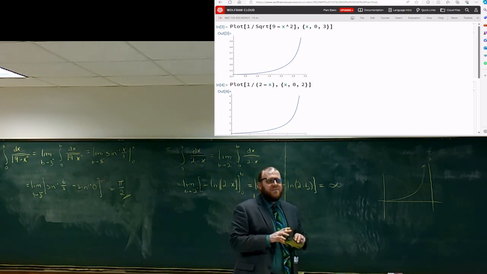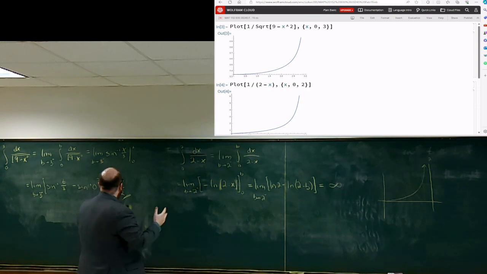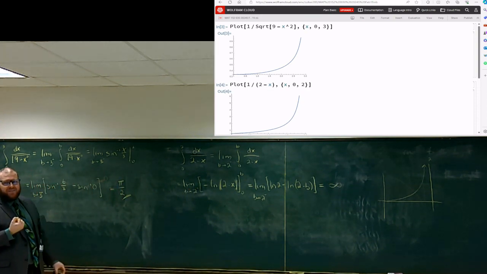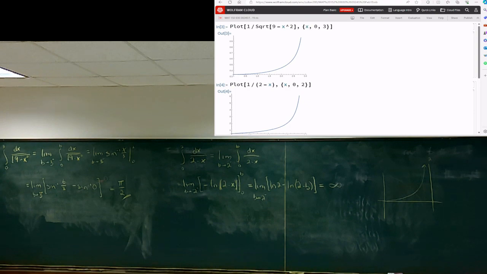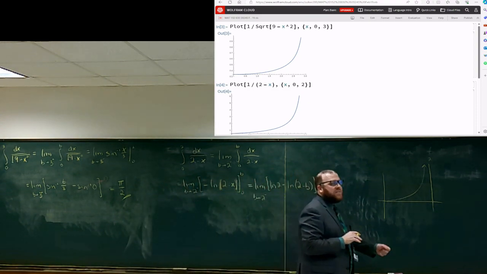This is why math is awesome. 2 similar shapes, 2 completely different results. Weird stuff happens at infinity.